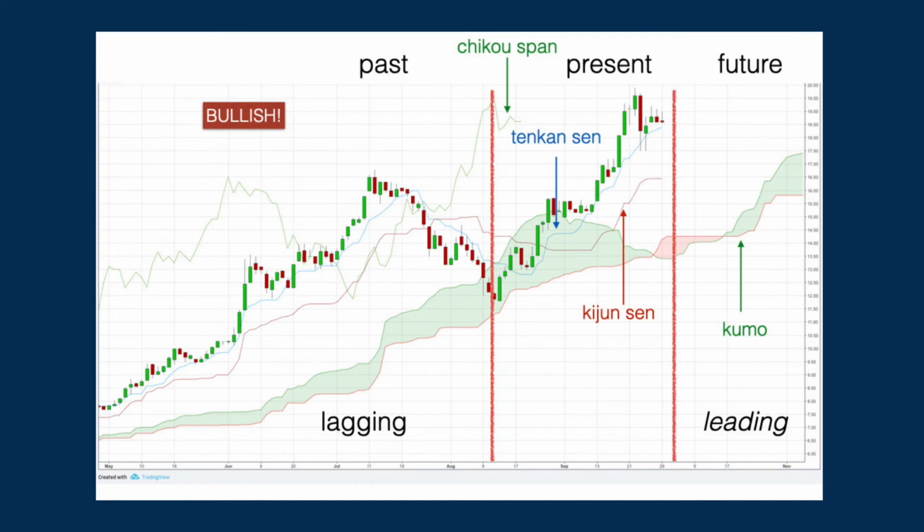The Kijun-sen, the red line, compares current price with the past 26 periods. The Kumo tells you future price action by referencing the price equilibrium for the past 26 and 52 periods. This makes Ichimoku the only indicator that is both lagging and leading at the same time.